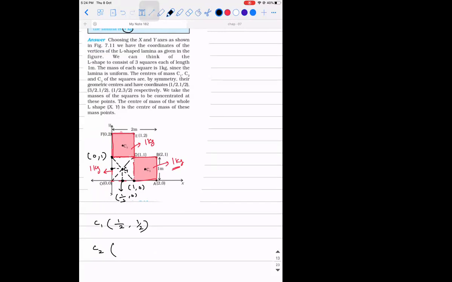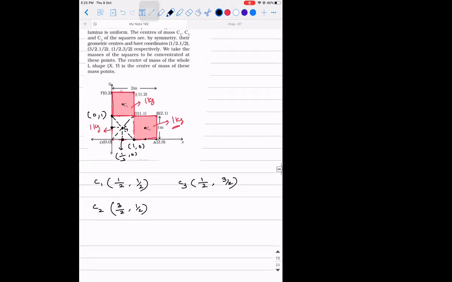Yes. It will be 1.5, 0.5. Very good. That is 3 by 2, 1 by 2. Okay. What about the coordinates of point C3? 1 by 2, 3 by 2. That's right. 1 by 2, 3 by 2.